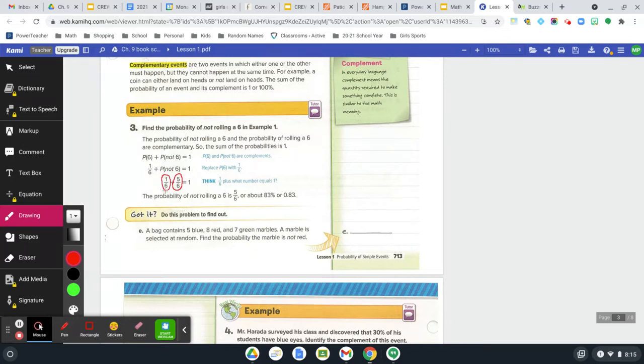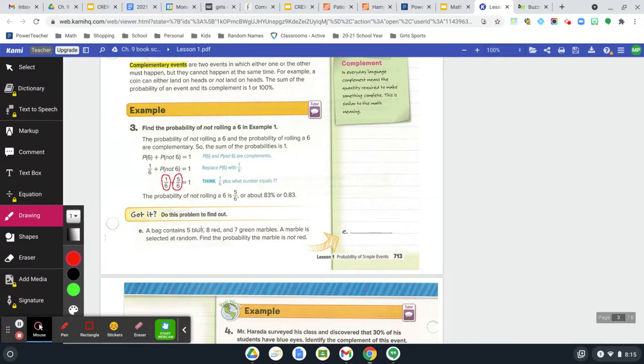And now these are complements of each other, because if you add these two probabilities together, it equals 1. So again, the probability of not rolling a 6 on a number cube is 5 out of 6, and its complement, the probability of rolling a 6, is 1 out of 6. And again, these two probabilities add together to equal 1.